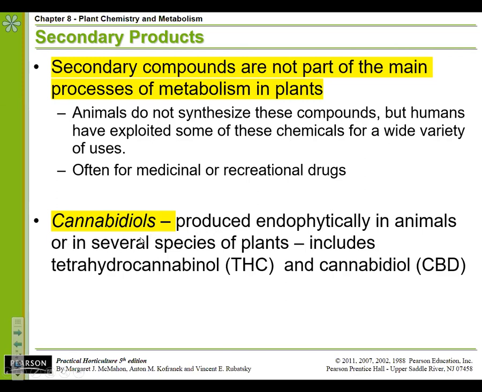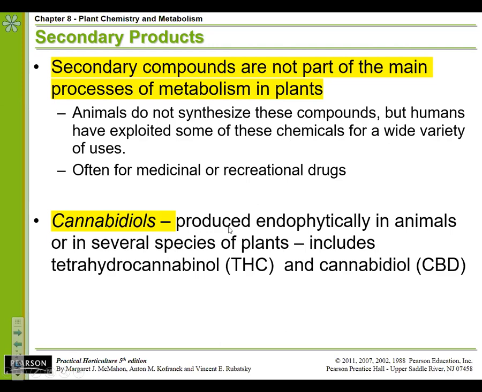Cannabidiols, for instance, which are produced inside of animals and in several species of plants, including THC and CBD.